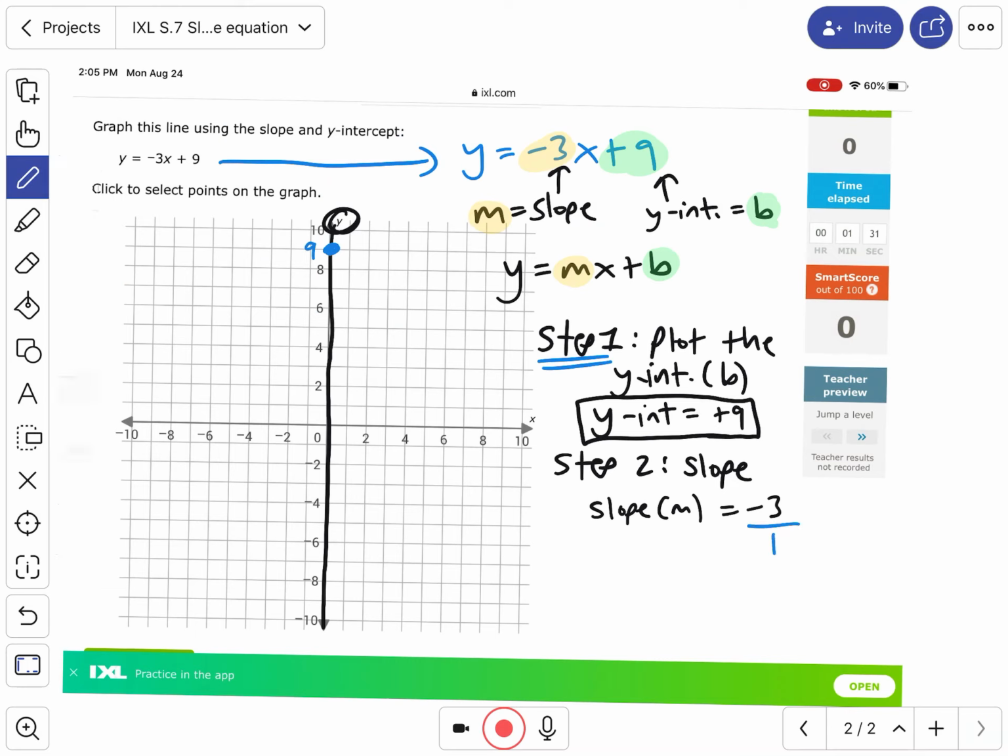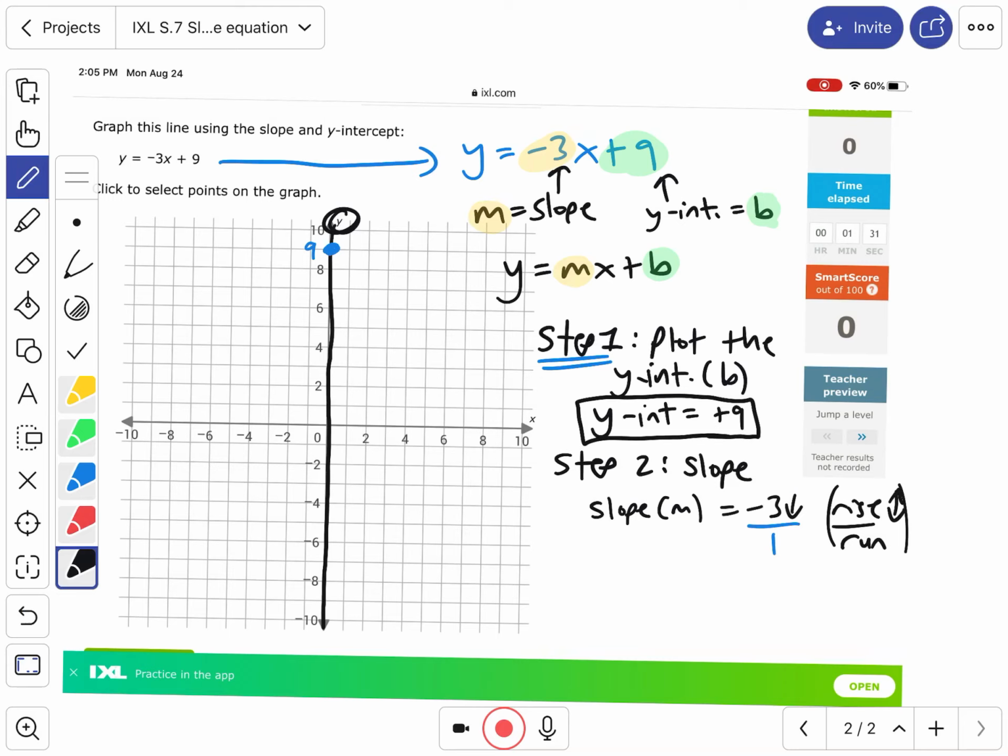Okay, and so when you think of this as rise over run, the question is, rise goes up and down. Since this is negative 3, is that going to go up or down? Because it's negative, we are going to go down 3, and run goes left and right.